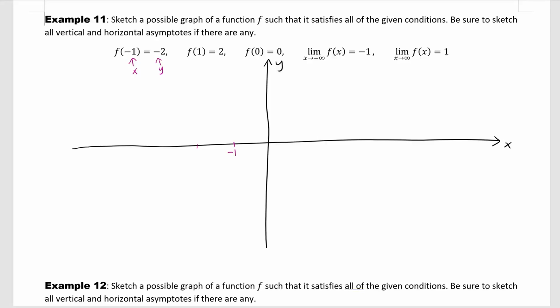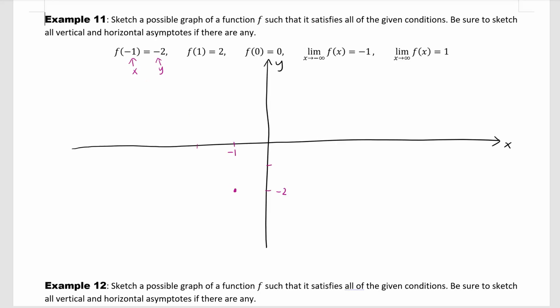So this is -1, and y is -2. You don't need to write down all the numbers for the scale, but for the important points, write down the number. If you don't write down the number in the exam, I will take points off. So be careful. I want to make sure you know my requirements. So this information tells us this point.